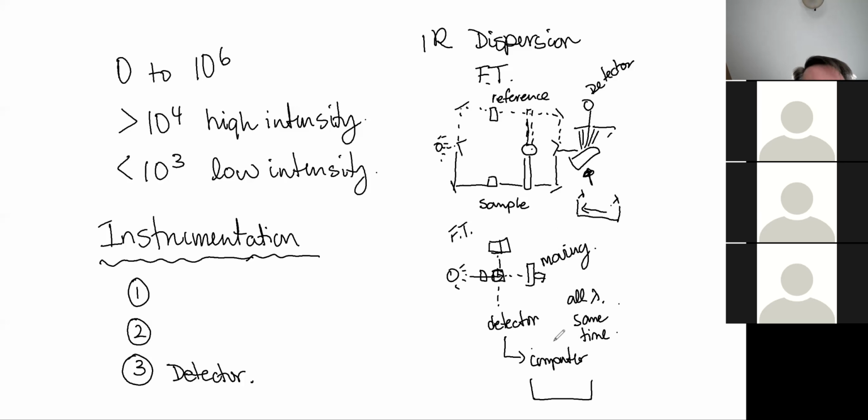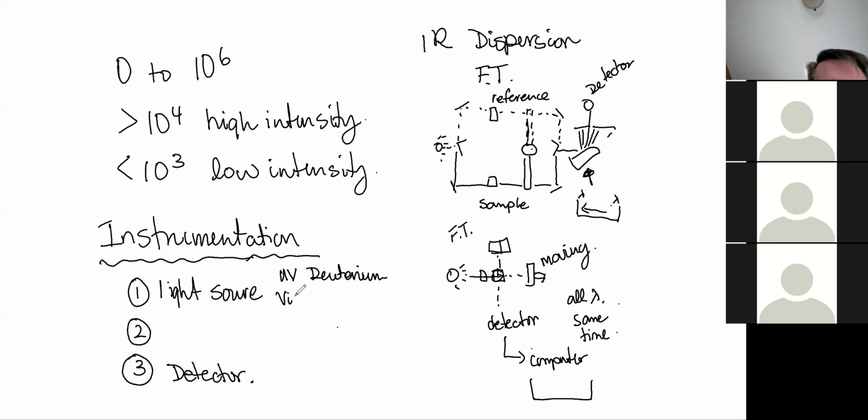So the instrumentation for a UV-Vis is quite similar to all of this. One of the things that we need, of course, is the light source at the start. For the ultraviolet, we would use a deuterium lamp.